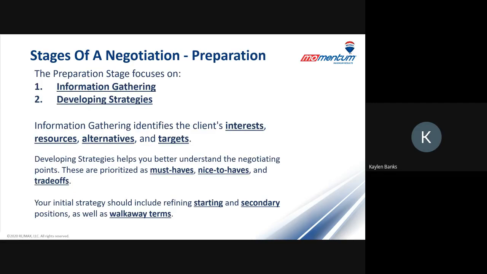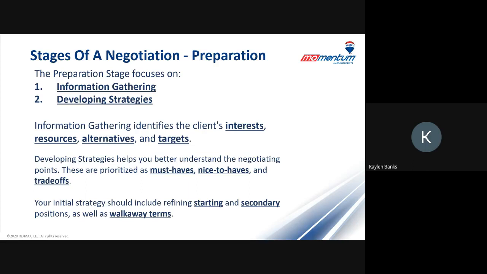First, preparation. Again, these are on page 6 with a lot of blanks, so fill them in as you go. The preparation stage focuses on information gathering and developing strategies. Information gathering also identifies the client's interests, resources, alternatives, and targets. Developing strategies helps you better understand the negotiating points.